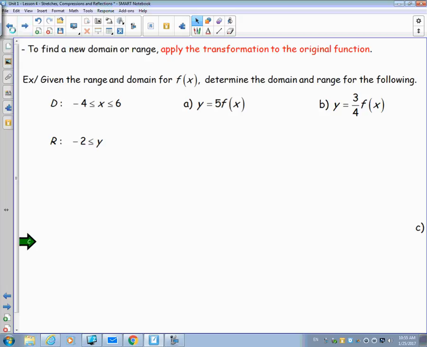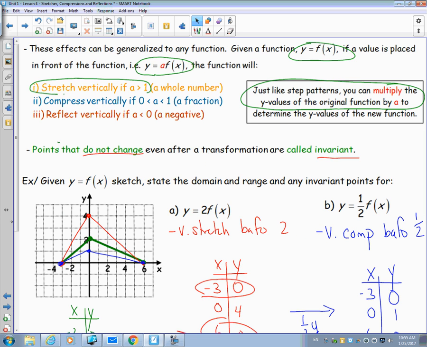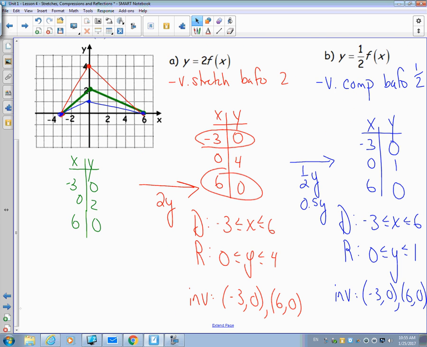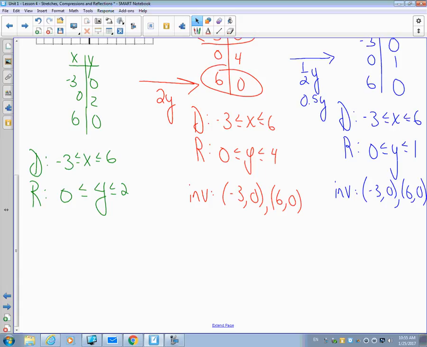So let's go back for a second here, if you will. In this green one originally, I didn't list it, but my domain was -3 to 6. My range was 0 to 2. I don't actually need the graph to figure out the domain and range of the red or the blue ones. I can simply apply the transformation.